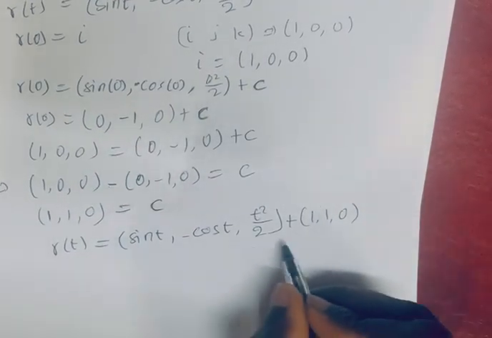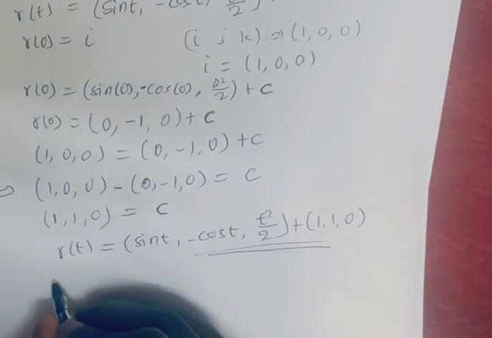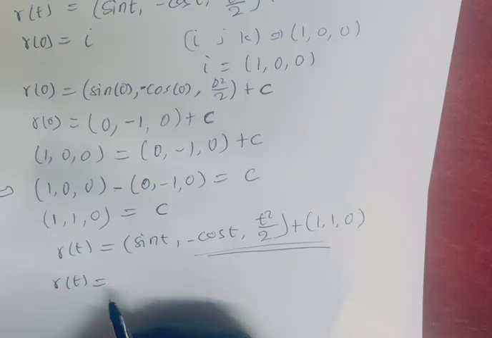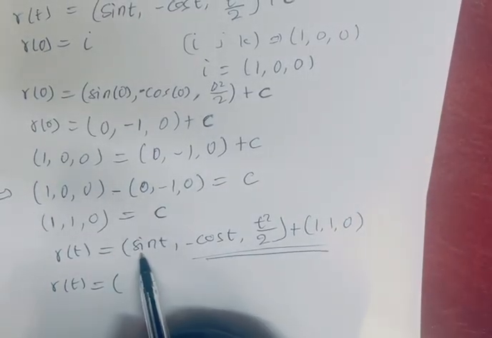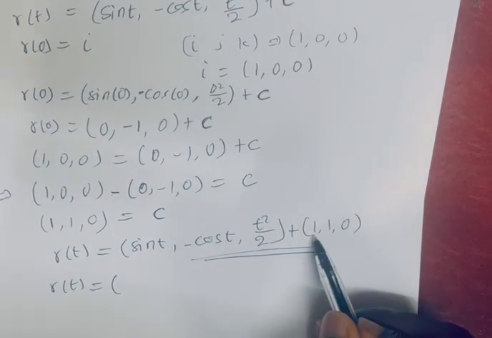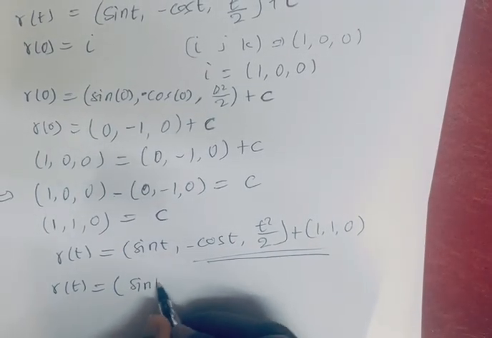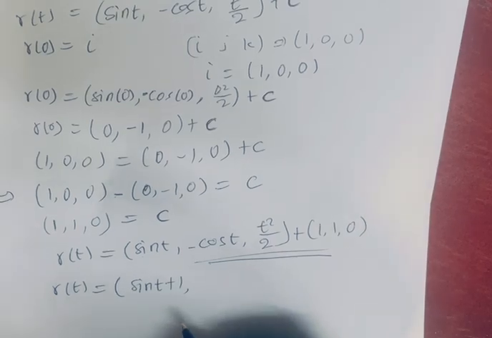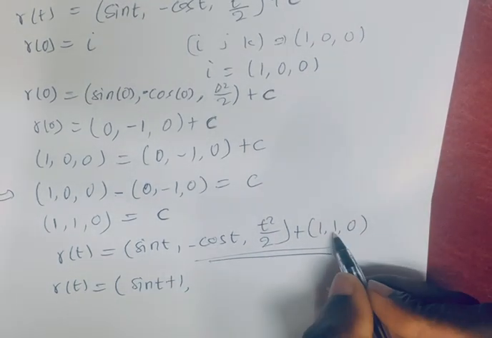So this is the final answer, or you can rewrite it in this form: r of t equal to, you group the components together. This is the i component in this perspective, and we have another i component, so we add them together. We have sin t plus 0, then minus cos t will also be added to this.